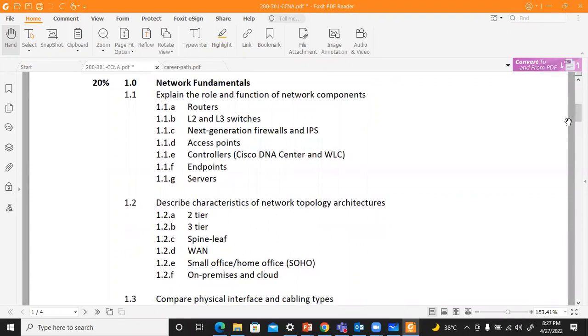There is network fundamentals, in which you can see there are routers, L2 and L3 switches, and the new device types introduced are next generation firewalls and IPS, access points, and controllers. So now you should also know about these devices.